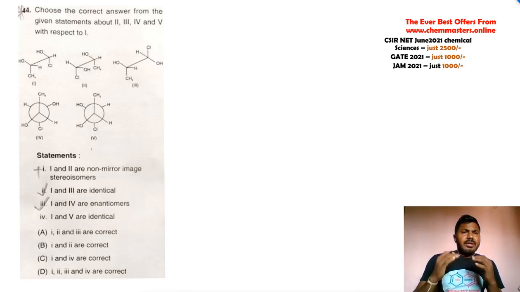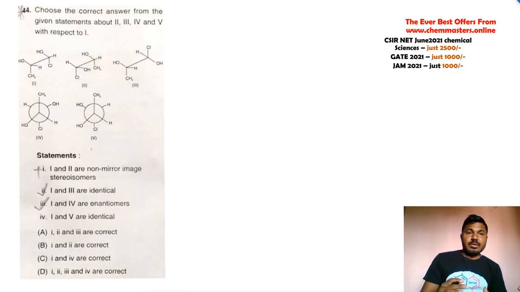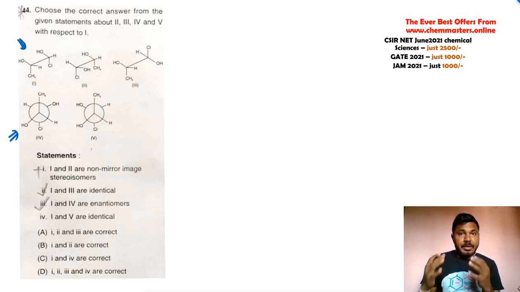So here the question relates to conversions. Just look at the given question. We are given sawhorse projections and also Newman projections. We need to convert sawhorse projections to Newman projections, Newman projections to Fisher projections, and Fisher projections to wedge projections.